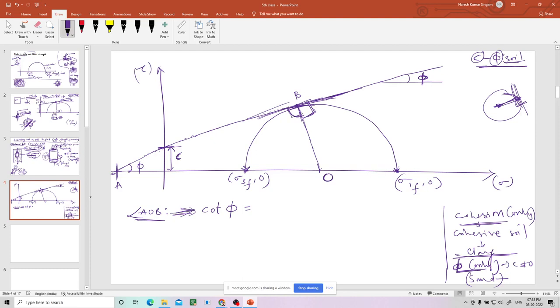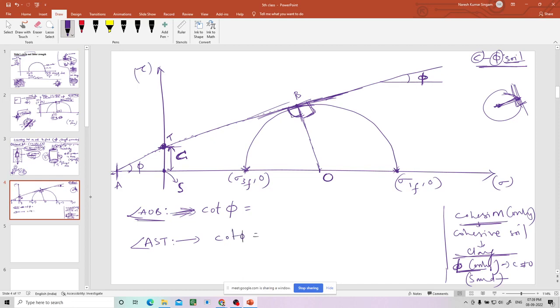Now, if this length is C, cohesion, and I denote this point as S, and this point is T, then from the triangle AST, can you tell me what is cot phi?